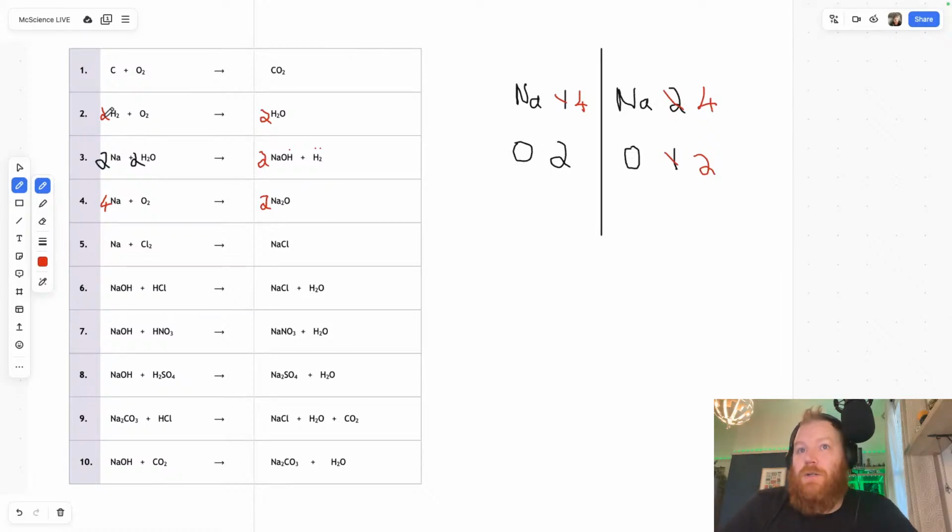What we are actually changing is the amount that we have, only through a process of timesing. So as you can see here, we've got 4 times the sodium. We've got 2 times the sodium oxide as well.